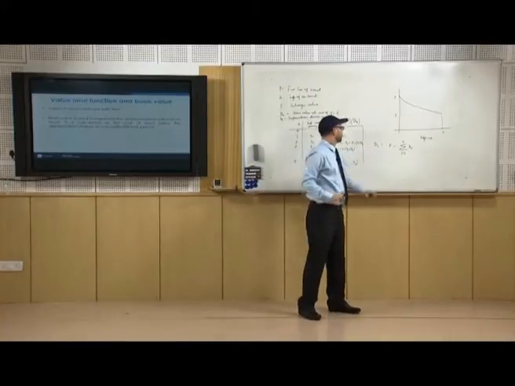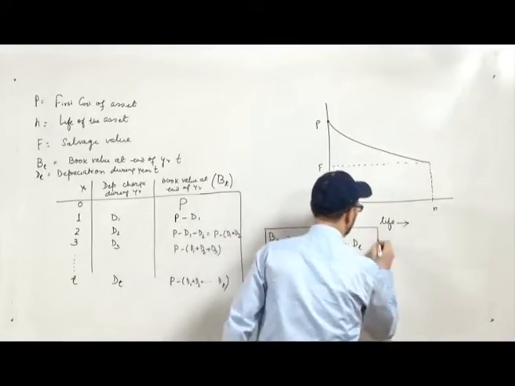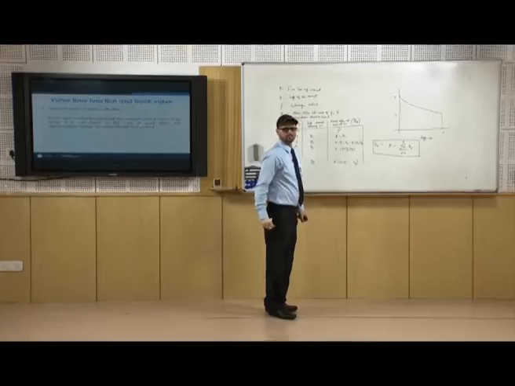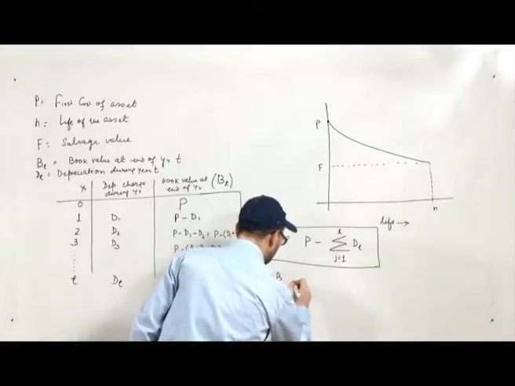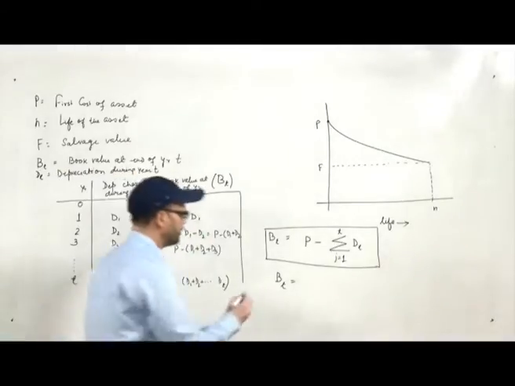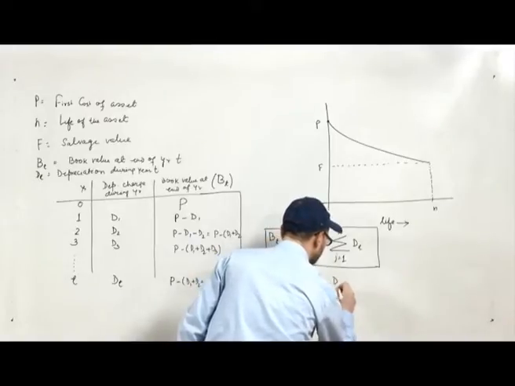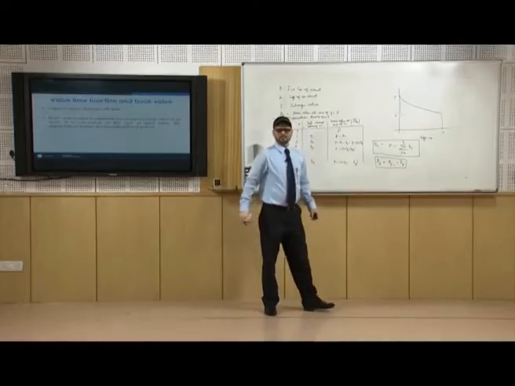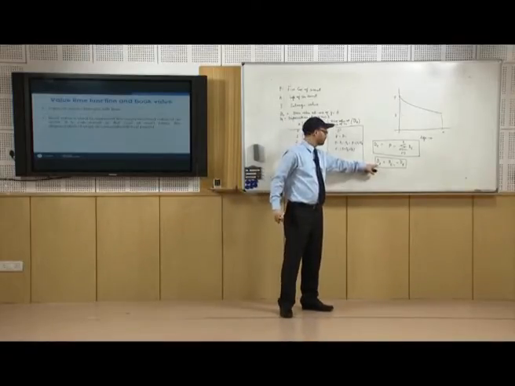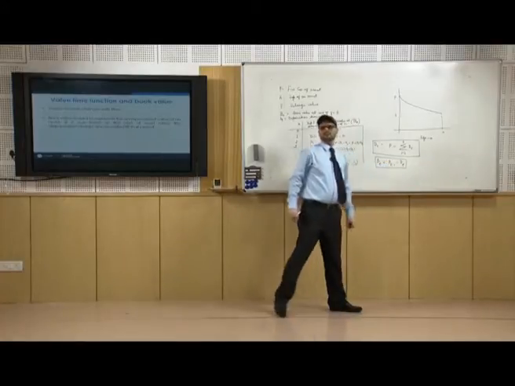So, this is how the book value is calculated. We can also have the expression Bt will be nothing but Bt minus 1 minus Dt. So, if you have to find the depreciation during any year and you have the book values of the 2 years, you can find the values.